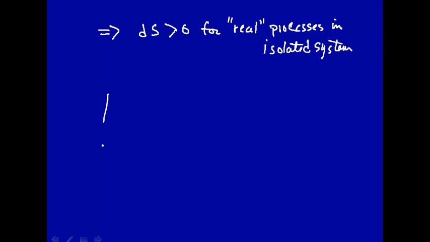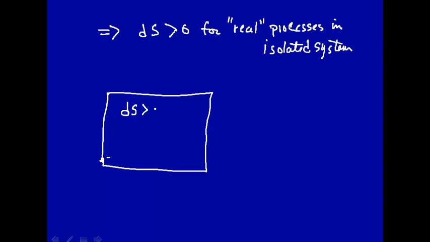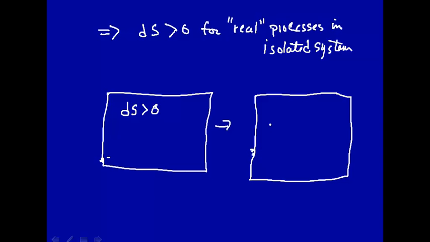So if we now draw our universe as a process occurs, in other words, as time goes on, dS will always be greater than 0 for a real process, for an irreversible process. Now, let's take our universe and divide it into a system and surroundings.